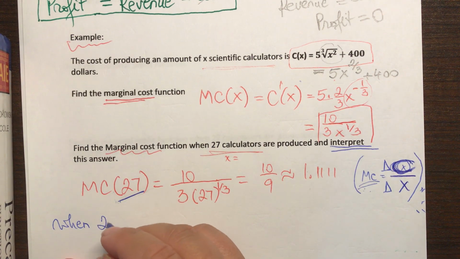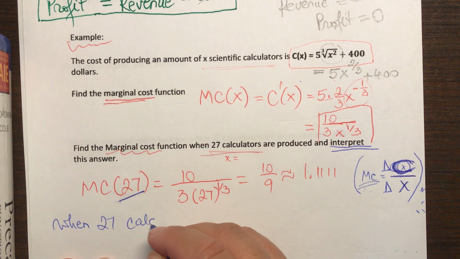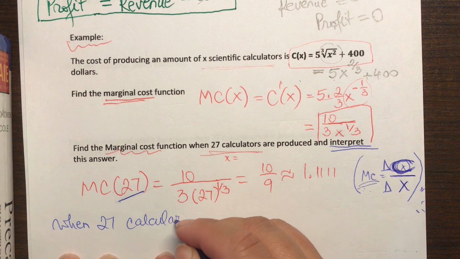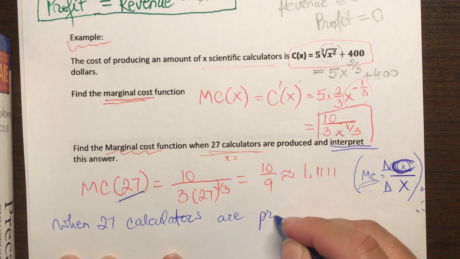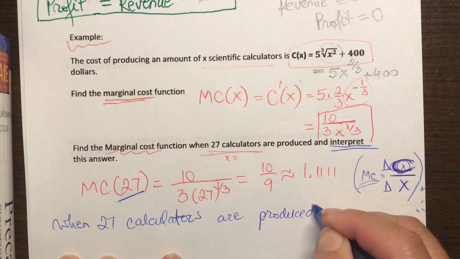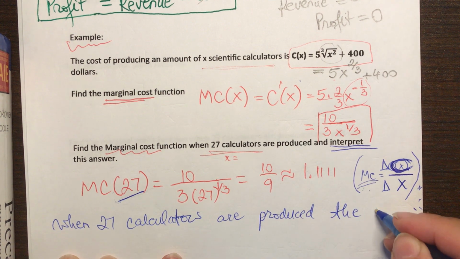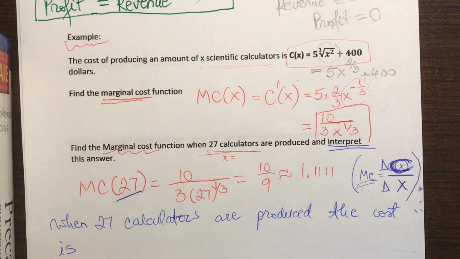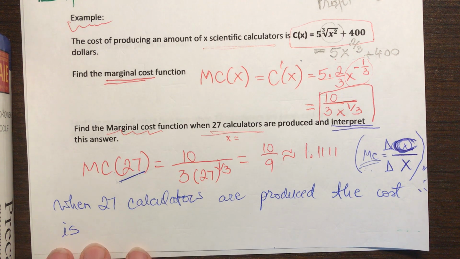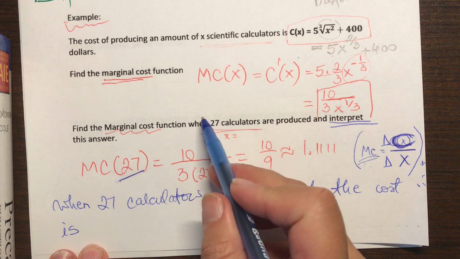So when 27 calculators are produced, the cost is what? Did you get a positive or a negative derivative? We got a positive, so that means it's an increase, yes? It's a positive slope, so the function's going up.